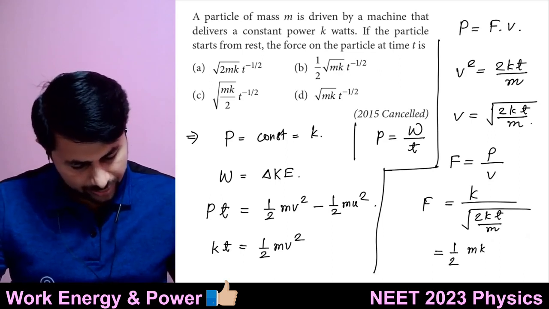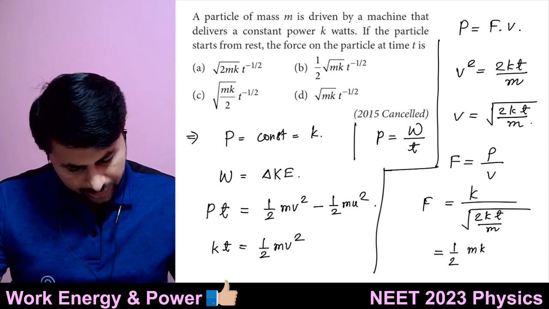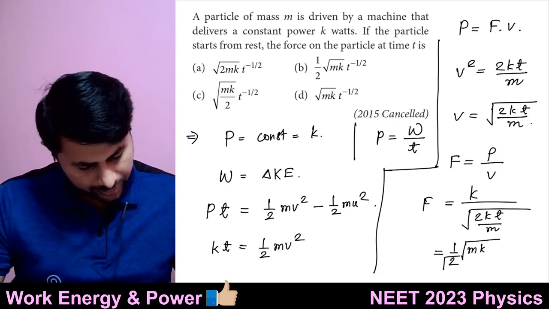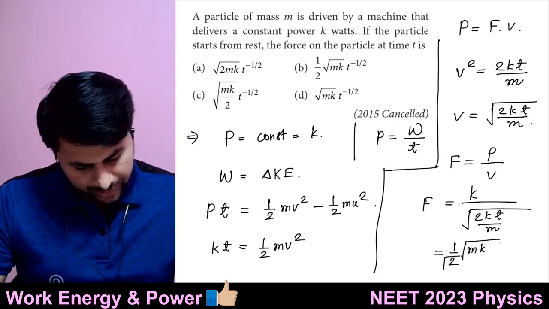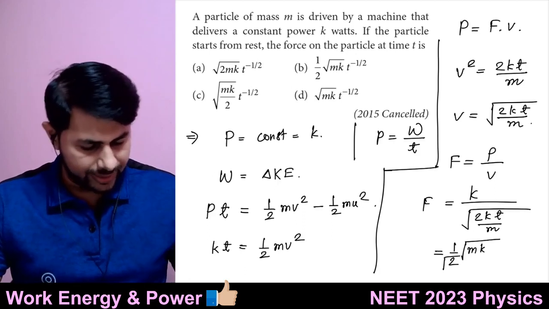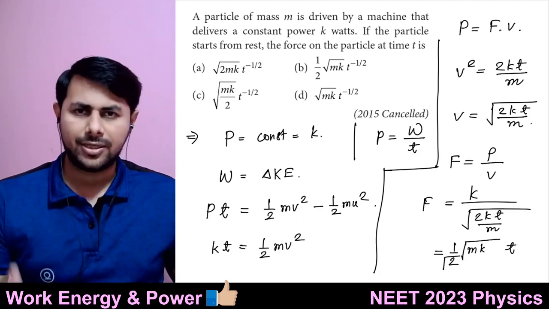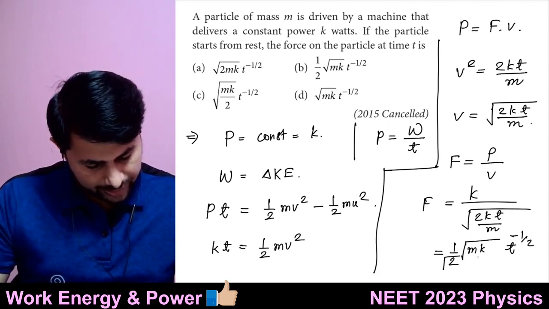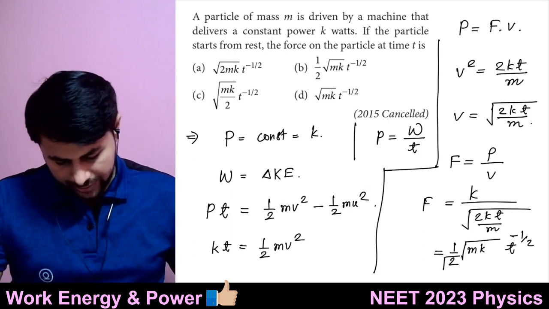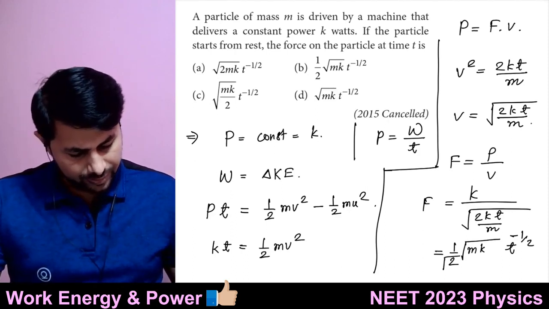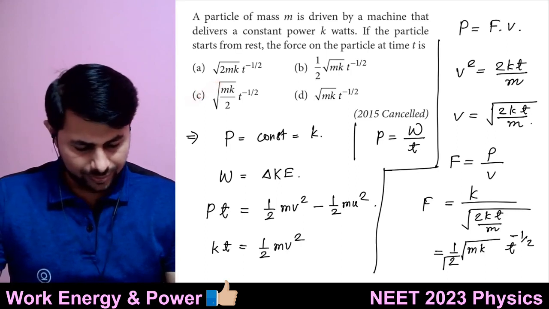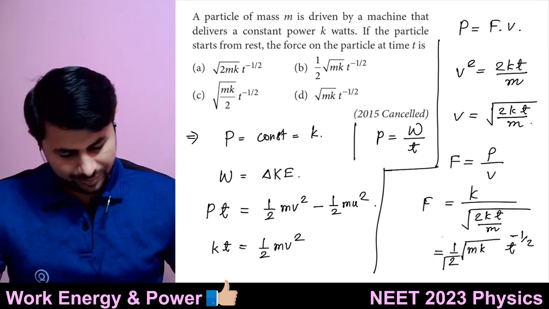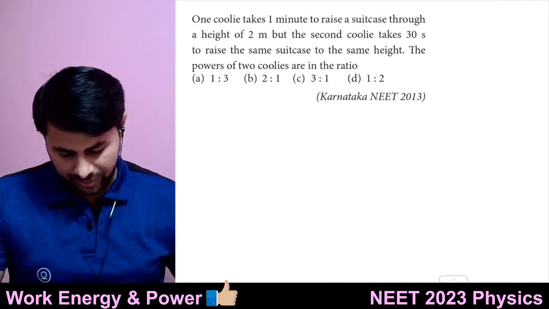We can take root 2 out, actually, not 1 by 2, root of 2. And then t we can take out and it's in denominator. So in denominator it is t raised to half. So in numerator it is t raised to minus half, right? So which is the option? Option C, right? Okay, yes or no? All right, let's move on to the next question.